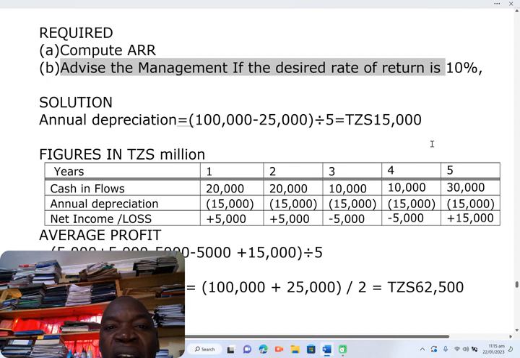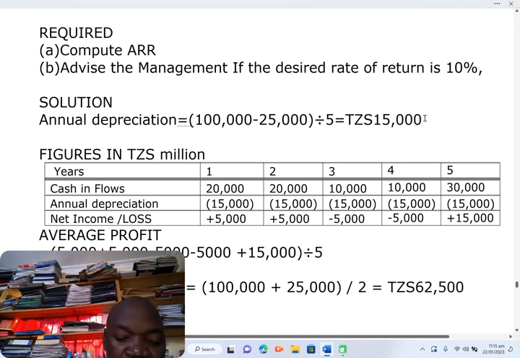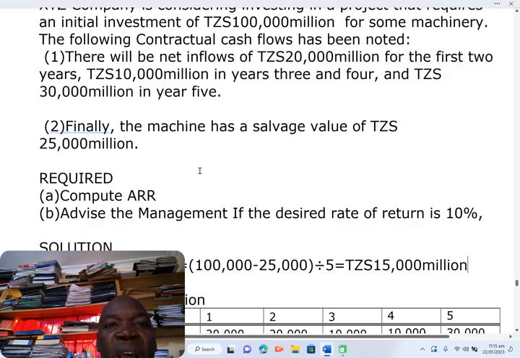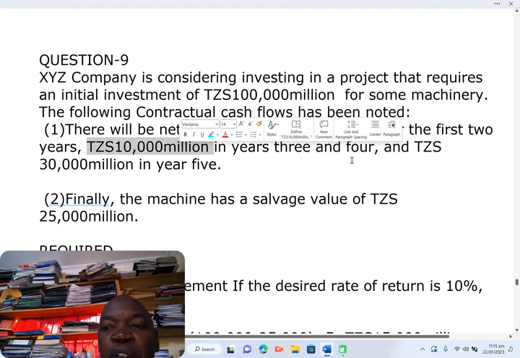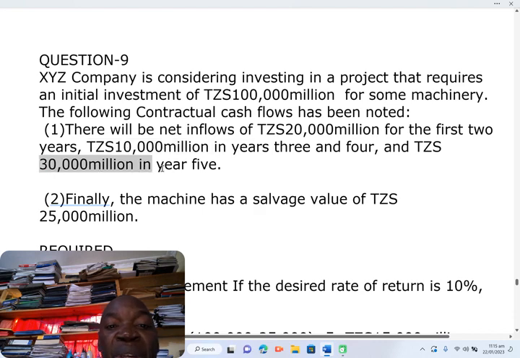So it's easy here again. Annual depreciation is 15 billion so far. And cash inflow has been estimated to be 20 billion in year 1 and 2, 10 billion in year 3 and 4, and 30 billion in year 5.